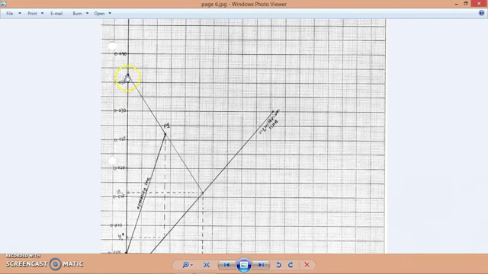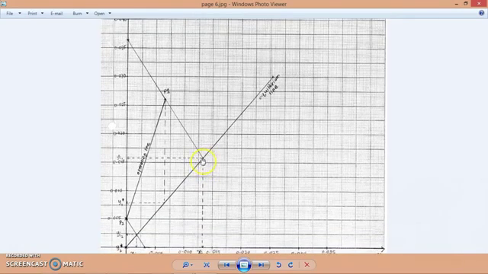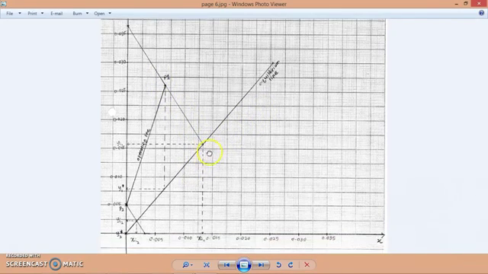Then what you need to do is join this point up to P1, because we use the coordinate for P1 to substitute in the equation y = mx + c, and then use the same gradient until it reaches the equilibrium line. The intersection of this slope with the equilibrium line is the yi1 and xi1.